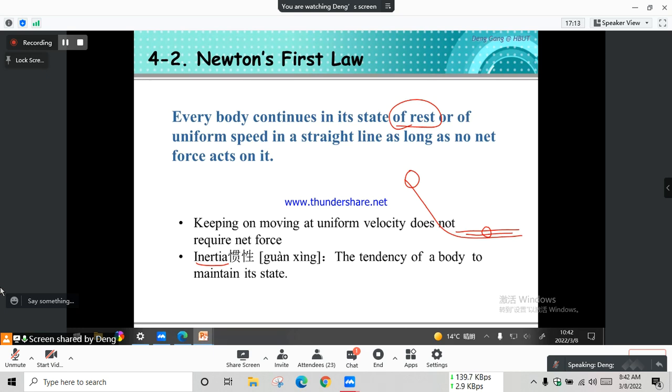So we can test that. And another thing is that as long as there's no net force, this makes it possible in our daily life.